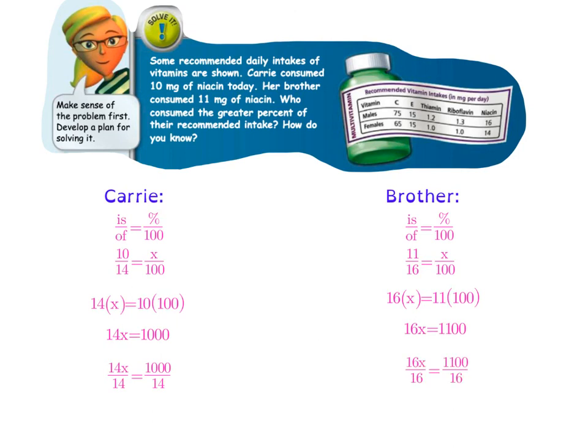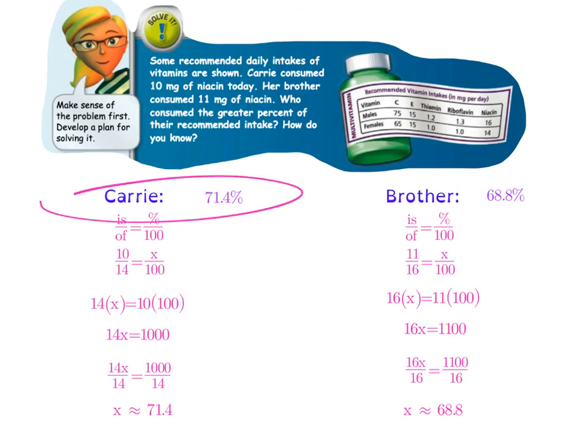And what do we find out? We find out that for Carrie it is approximately 71.4 and her brother is approximately 68.8. So Carrie takes in 71.4% of her daily intake and her brother only 68.8%. Okay, so who consumed the greater percentage of their recommended daily intake? Well, that, of course, would be Carrie at 71.4%.